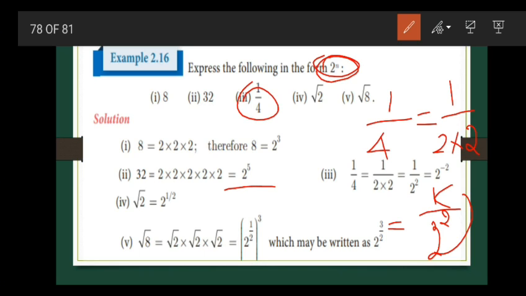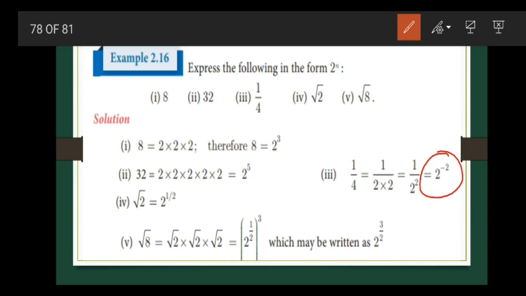We have 2 power 2 in the denominator. When you take that 2 to the numerator, we have to change the symbol of the power. So you will get 2 to the power minus 2. Okay. So see here, when you are taking this to the numerator, you have to change the symbol of the power. That is 2 to the power minus 2.